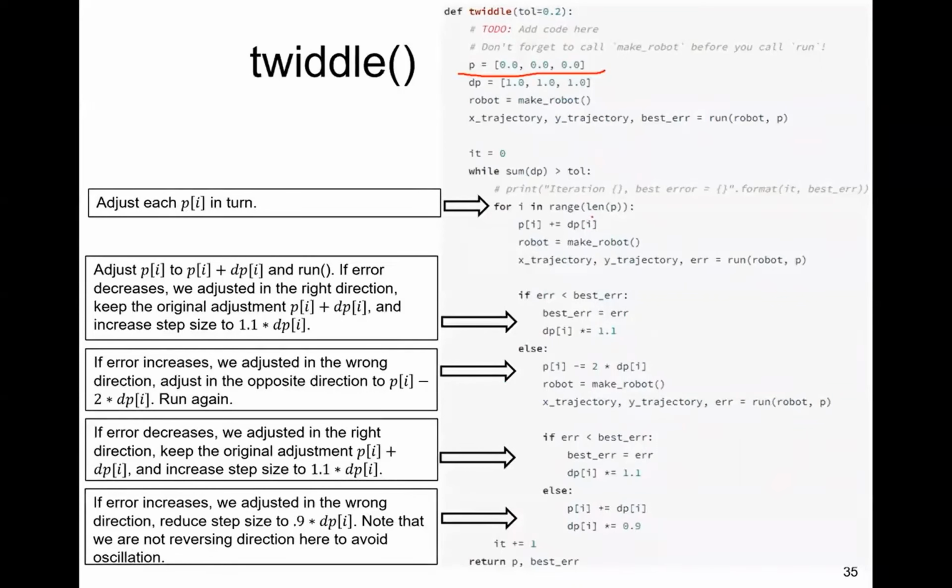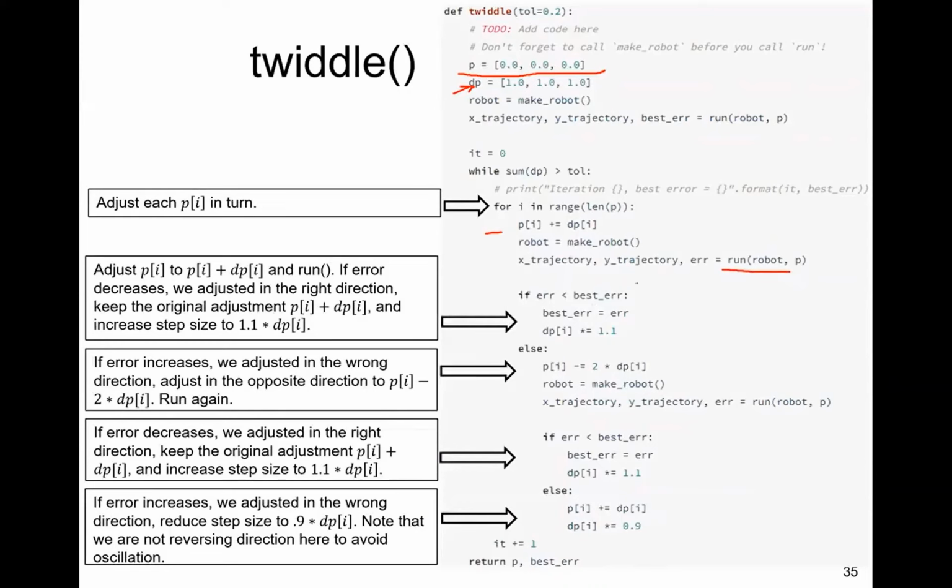You have PID 3 parameters, and then you update the P with dP, kind of like a gradient descent operation. Increment P[i] with amount dP[i], and you run the robot for 2n time steps in this program.